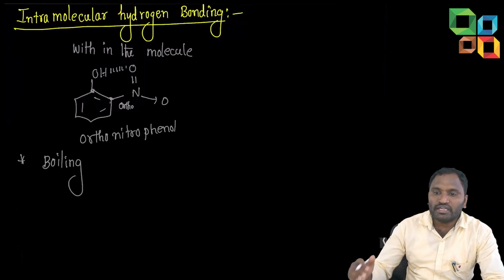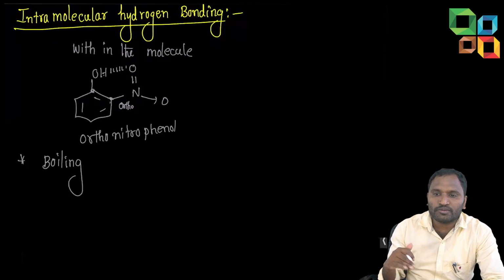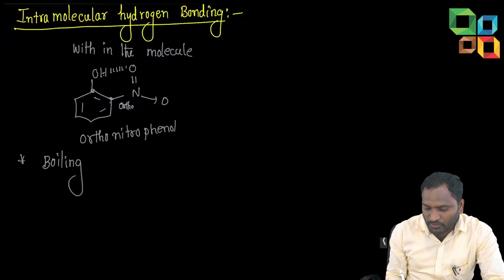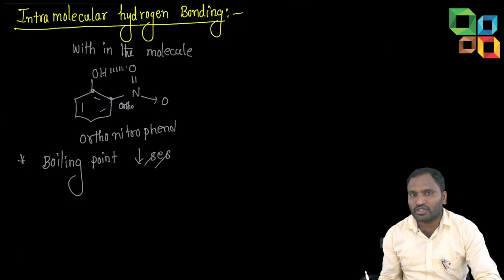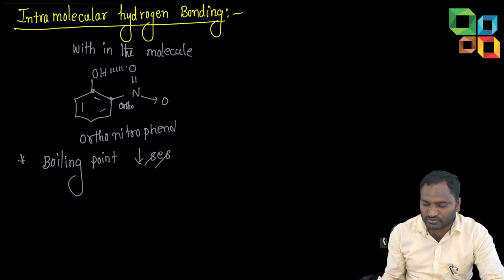So intramolecular hydrogen bonding decreases the boiling point. Intermolecular hydrogen bonding increases the boiling point by increasing surface area. Molecules which have intramolecular hydrogen bonding have lower boiling points compared to other compounds.